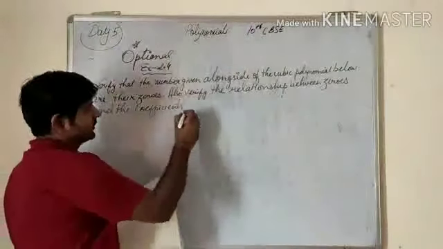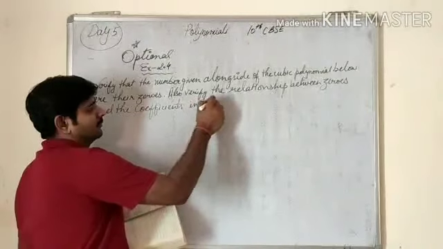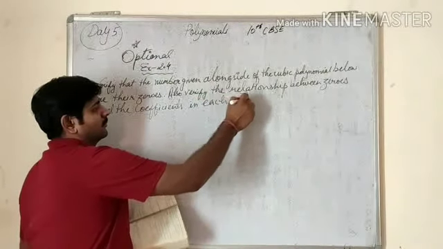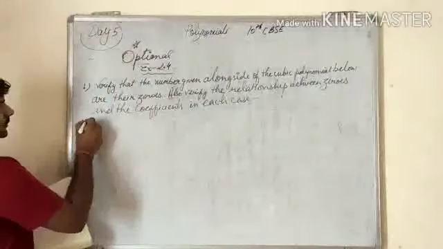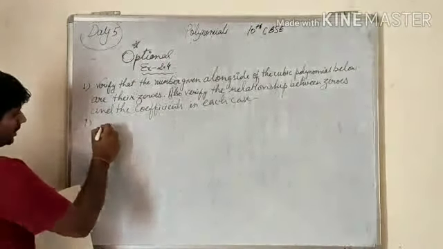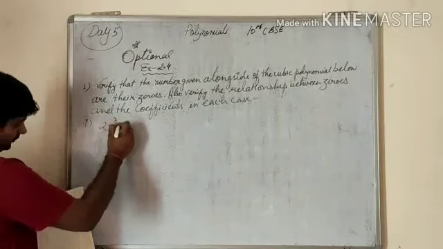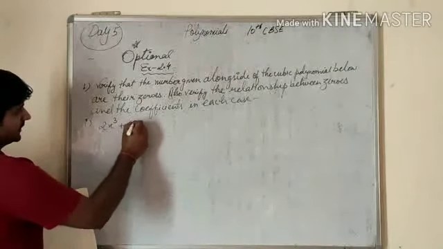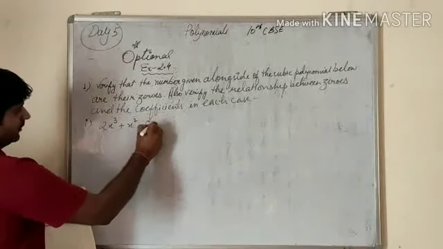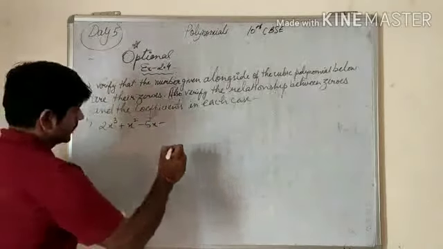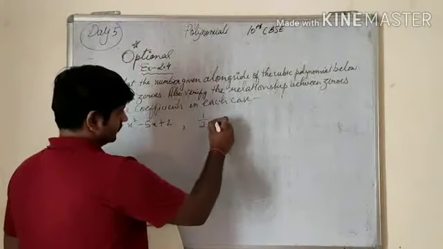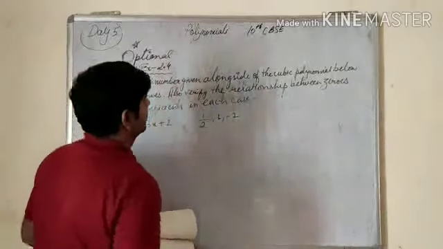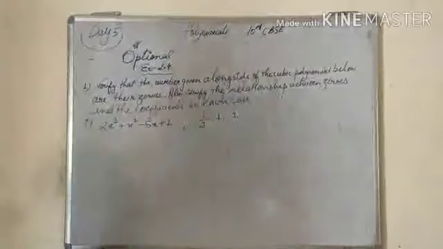In each case, first part: 2x cube plus x square minus 5x plus 2, and these are the zeros. So I'll repeat this question.